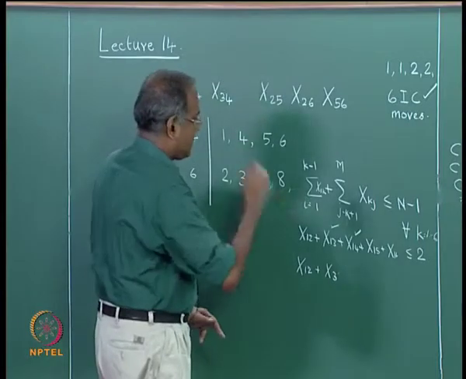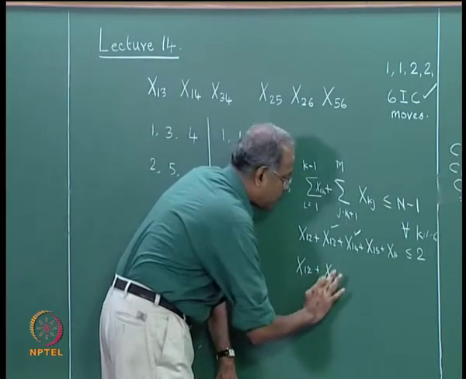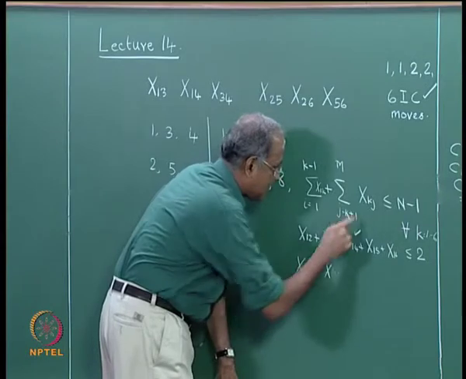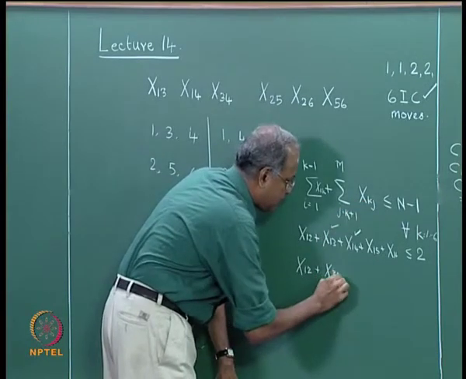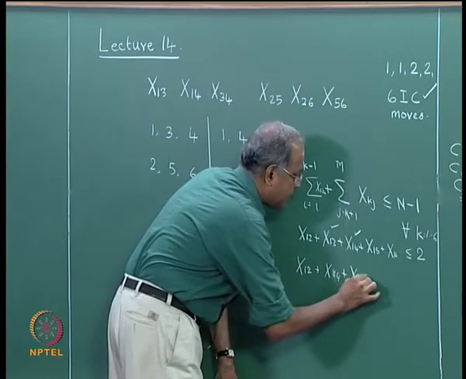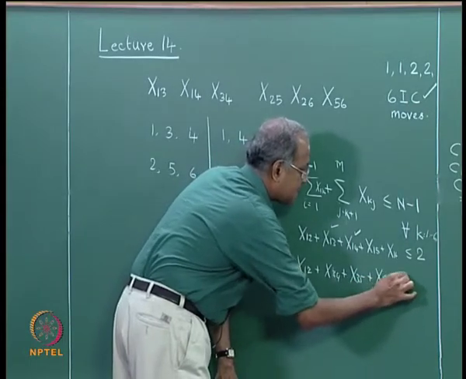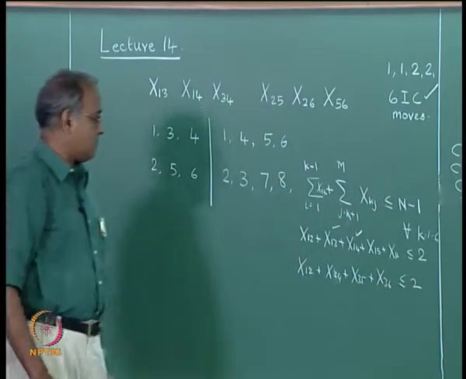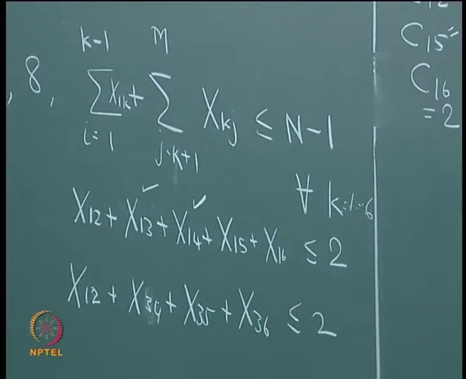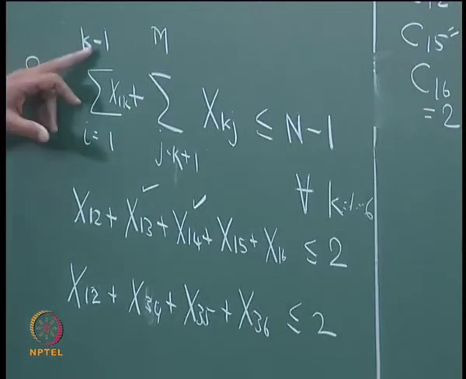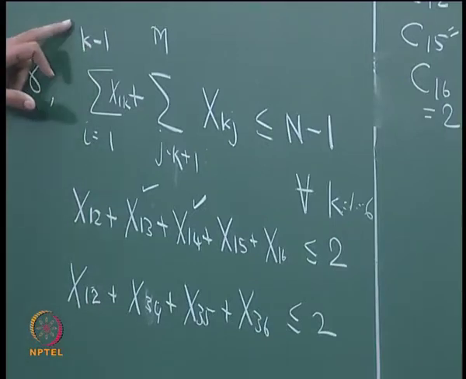So, when k equal to 3, it will become x34 plus x35 plus x36 will be equal to 2. I think this should read i equal to 1 to k.